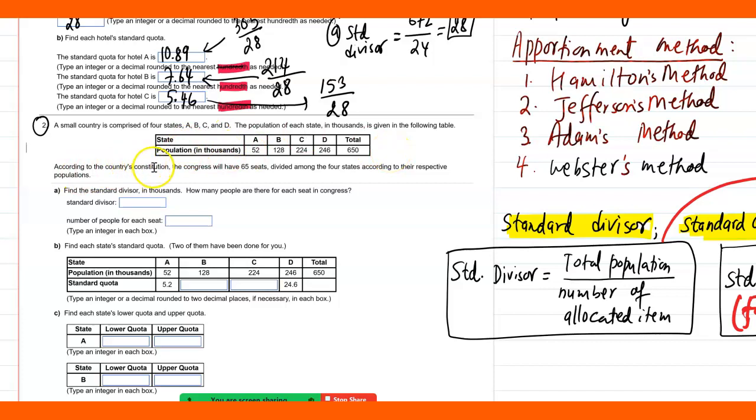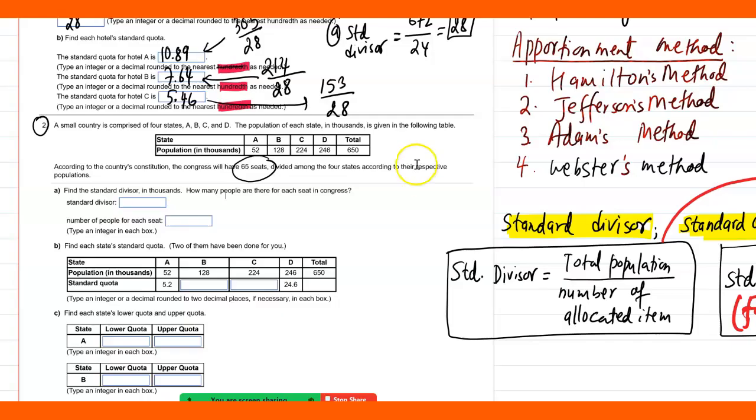According to the country's constitution, the Congress will have 65 seats. Remember that. Now you're looking at politics here. 65 seats. Therefore, 65 is the number of items you want to divide. Okay. Read the question carefully. I'm sorry, my computer is frozen here.